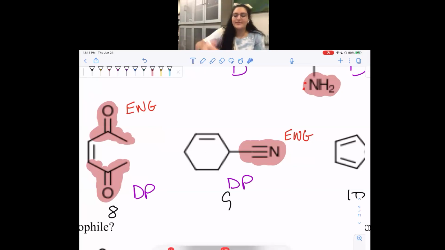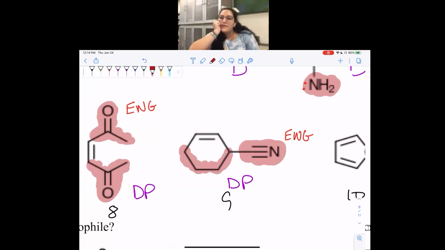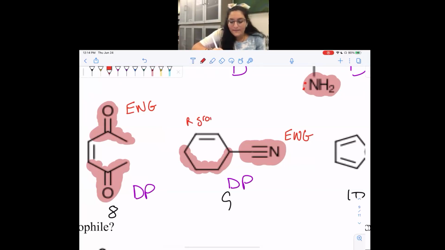The ring, yes, and the ring is an R group. So is that donating or is that withdrawing? Two people said withdrawing, but R groups are donating.